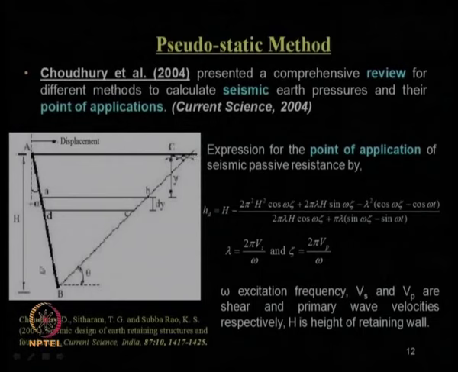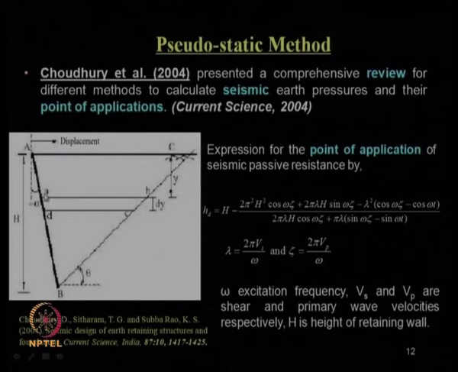The entire failure zone, which has to be optimized of course with respect to the failure angle, as I have already mentioned, but in addition to that, the entire zone we have not taken as a single mass, but we have divided it into a number of small horizontal slices, infinitesimally small slices like this, A, B, C, D, of thickness dy at a depth of y from the ground surface.